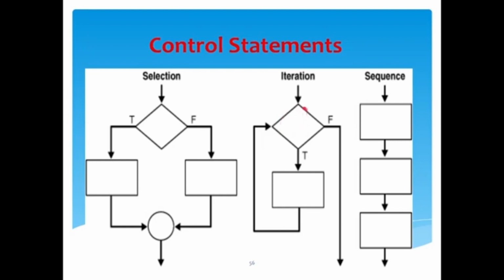Not repeating the same thing, but incrementing the part and repeating. Okay. So control statements is nothing but the placement of control. Here the control is being placed based on the condition true or false. Here the control is placed based on the condition we specify, and here it is a sequential control. Okay.